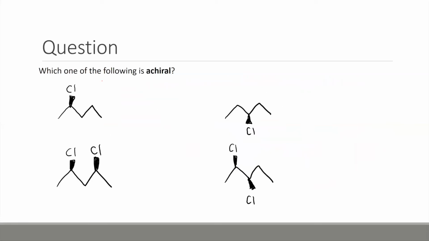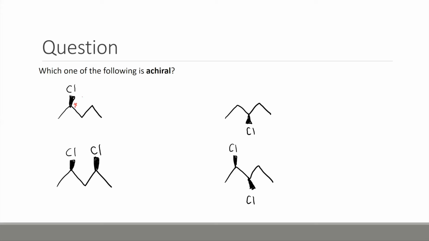So let's do a practice. Here, let's identify molecules that are achiral. First, let's look for chiral centers and then decide if the molecule, because of any planes of symmetry, is ultimately achiral. In our first one, our chiral center is going to be right here.